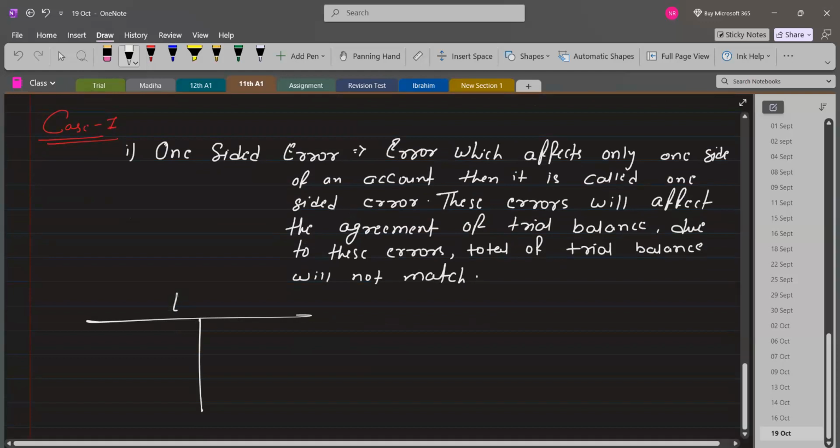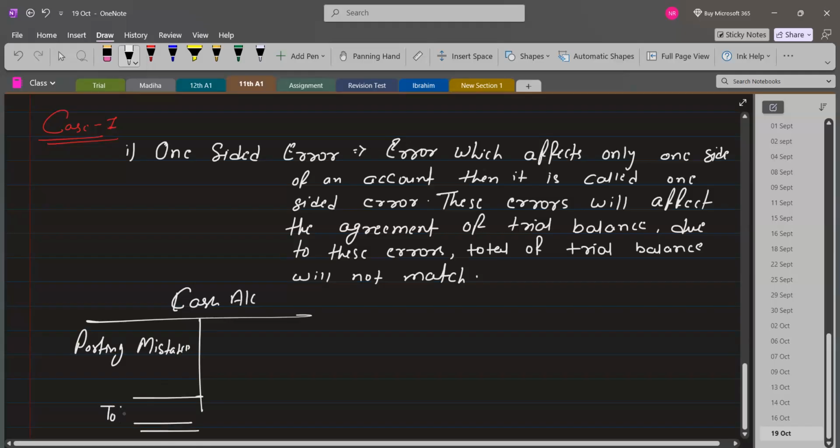When you prepare ledger, let's say you are preparing cash. So you can post wrong amount here. So it is called posting mistake. You can calculate total wrong.